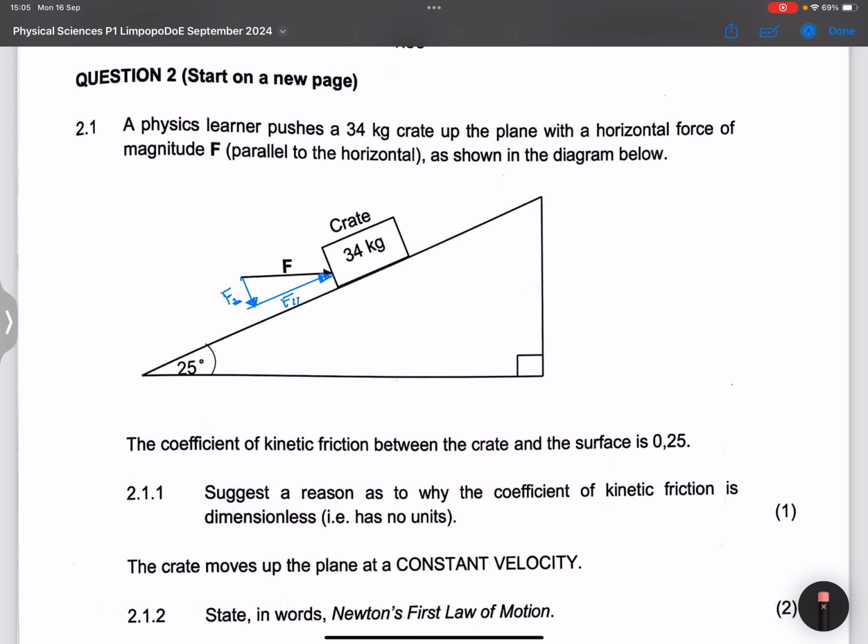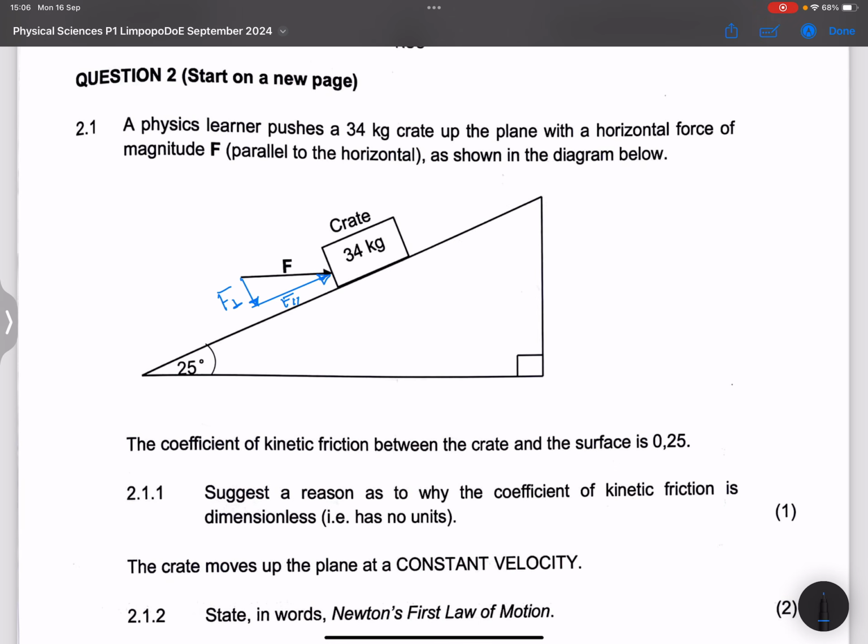This parallel component is the one that we are going to add when we are doing the calculation. And the perpendicular component, you can see it's acting downwards, is the one that is going to affect the value of the frictional force.